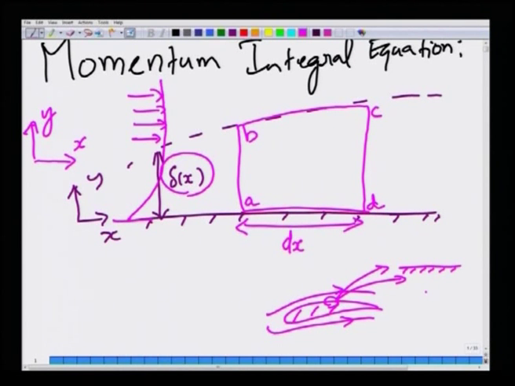The integral momentum balance simply says that the net momentum flux due to inflow and outflow through these three faces of the control volume must be equal to the net forces acting on the control volume. The momentum flux can enter the control volume through the face AB, leave the control volume through face CD, but since this is just the edge of the boundary layer, it is not a streamline.